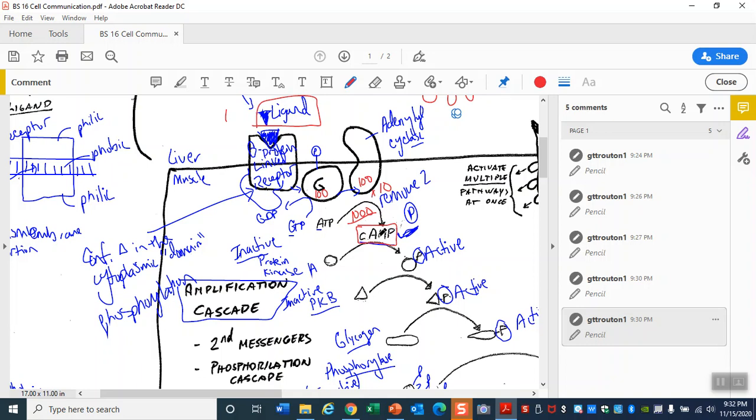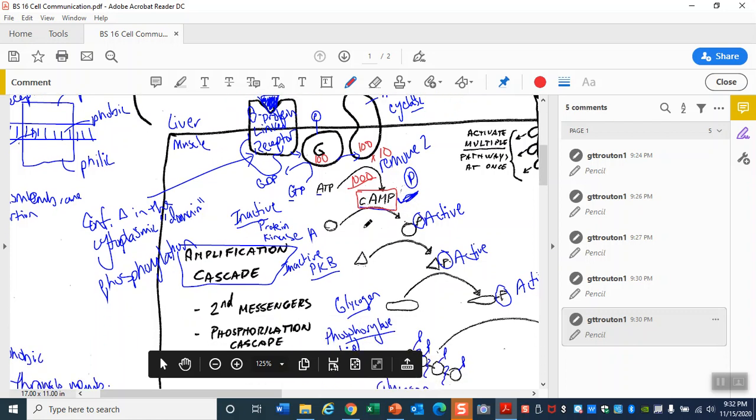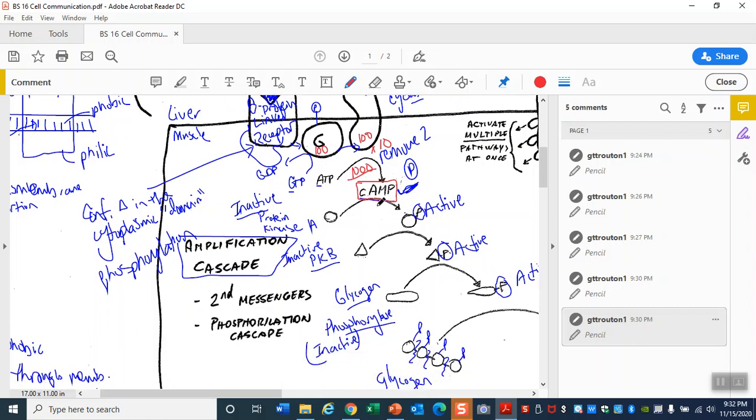All right, so you're starting to see how this really produces a quick response. And remember, all of these molecules are diffusing around the cell. There's just a lot of them, so they collide very quickly, right? This signal, every step you take down the cascade, gets amplified by 10 times.